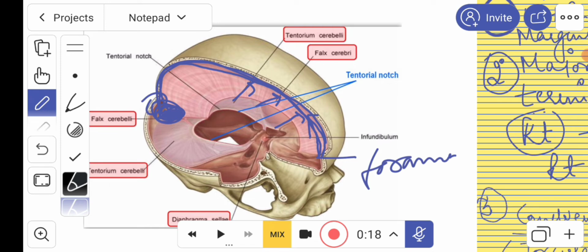Second, tributaries of the superior sagittal sinus are the diploic veins and emissary veins through the venous lacunae. One more important thing related to the superior sagittal sinus is the venous lacunae.